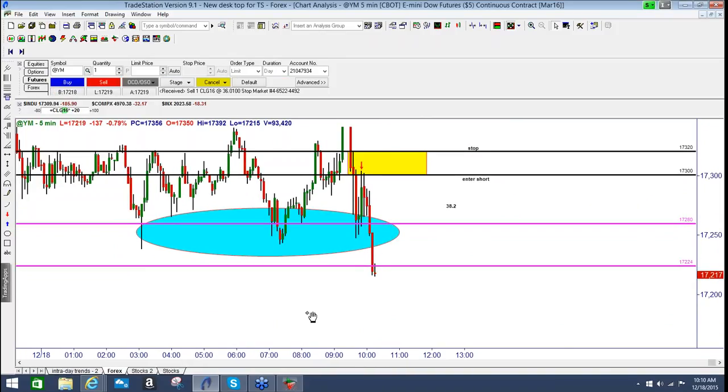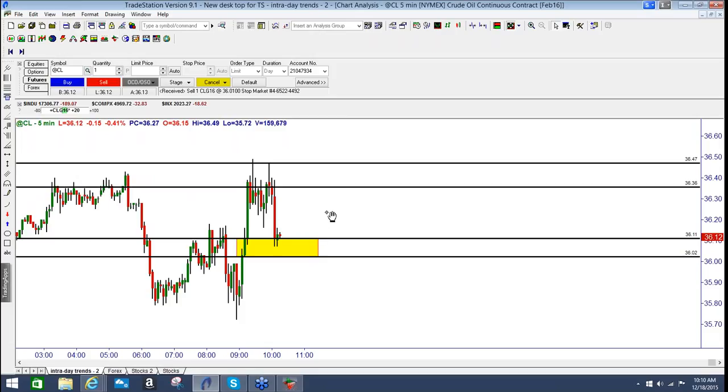Target 2. I mean, it's staying above the zone, but I really needed it to gather the strength I want, and it's not.